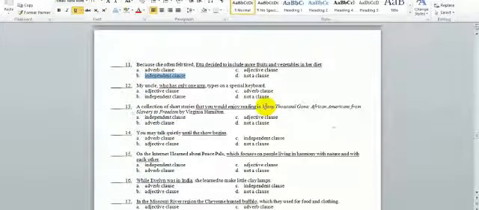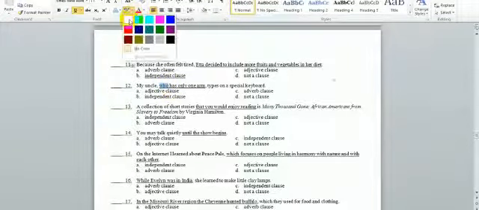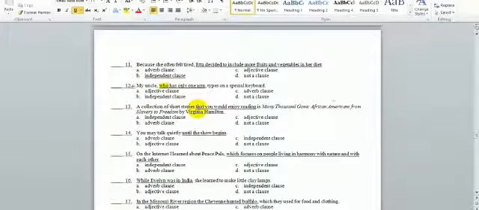Number 12. My uncle, who has only one arm, types on a special keyboard. Who has only one arm started with who. Who here is a relative pronoun. That's why I'm gonna highlight it with the yellow.